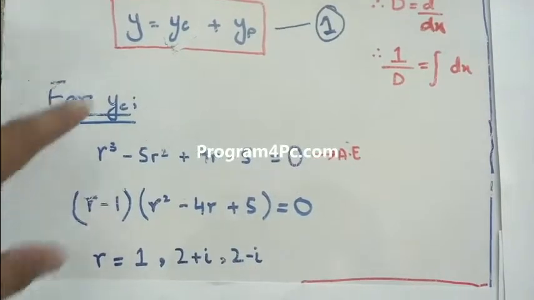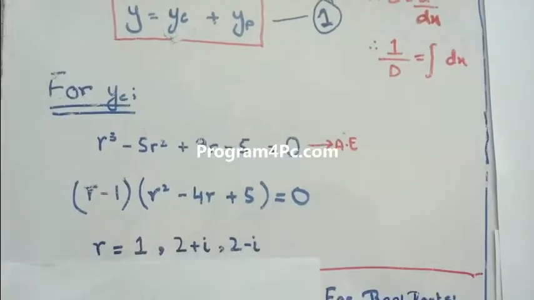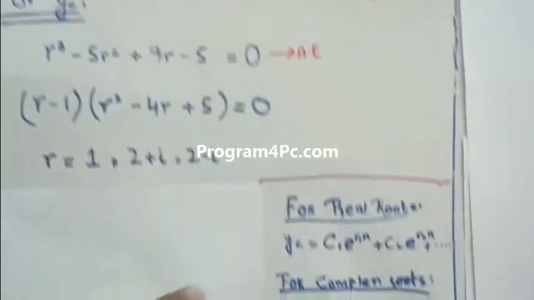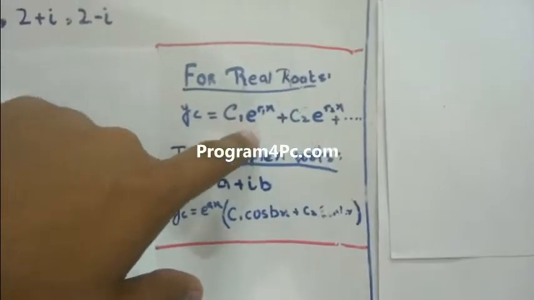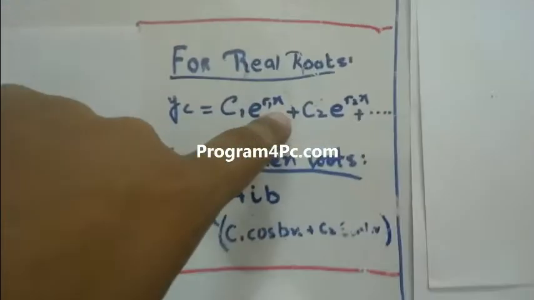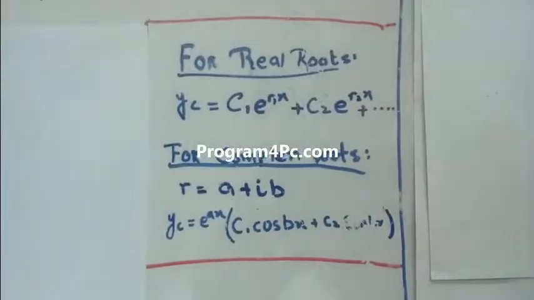For making the complementary function, we need to know how real roots and complex roots are written. If the roots are real, then it will be written as c1 e power r1x plus c2 e power r2x and so on.